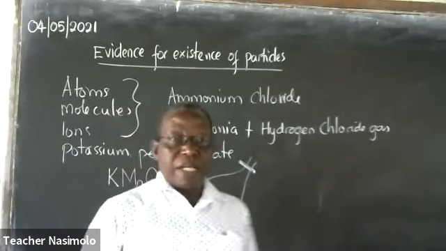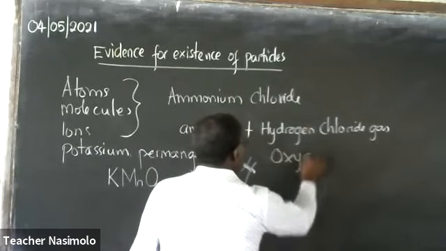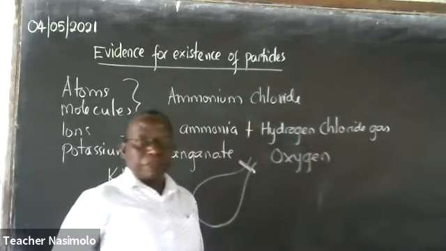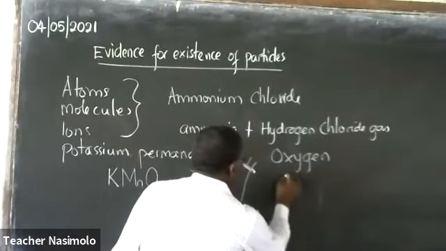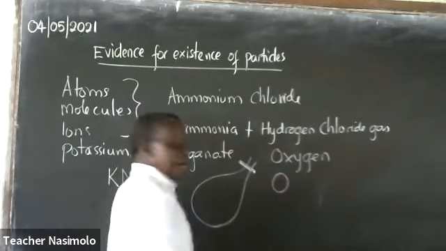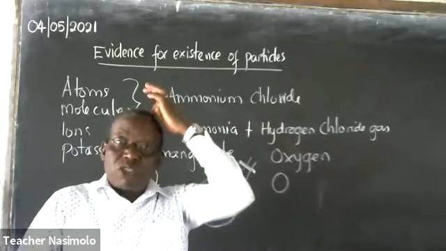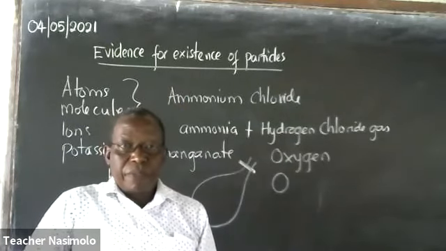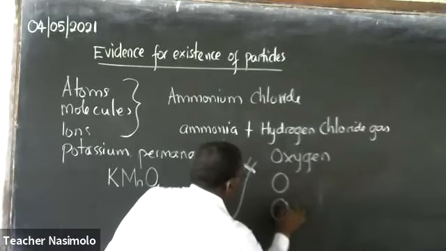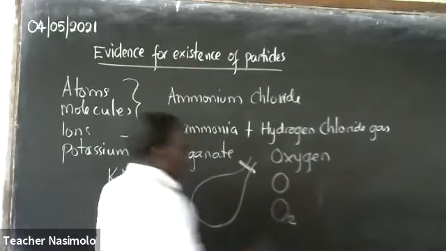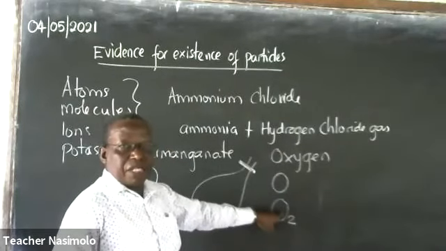Now in chemistry, we write oxygen by its name. However, when we write it with a symbol, a capital O, that represents an atom of oxygen. And when we write it with a 2 as a subscript, O2, this represents a molecule of oxygen.